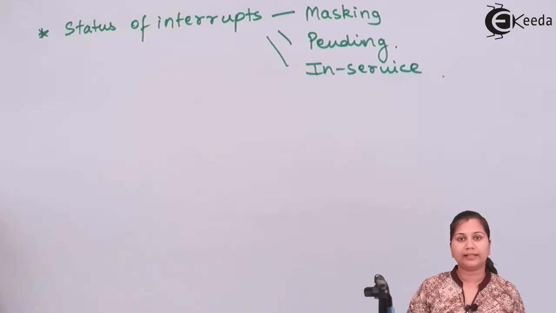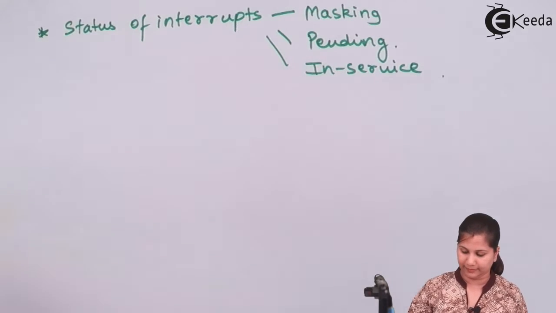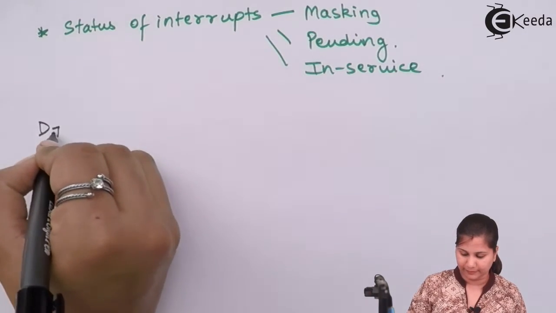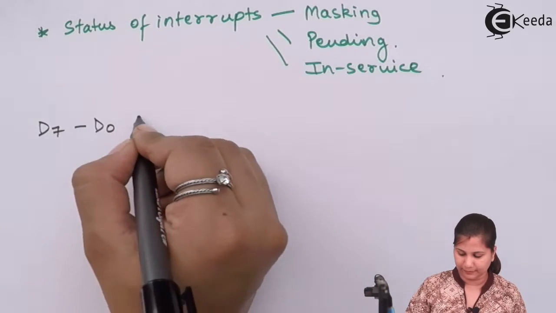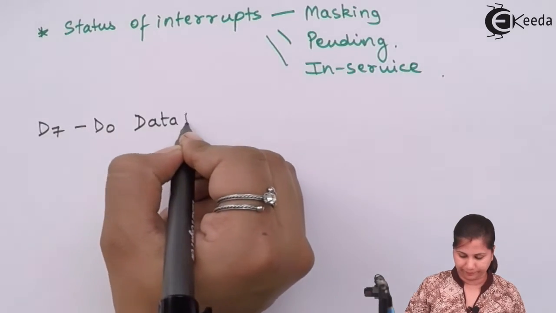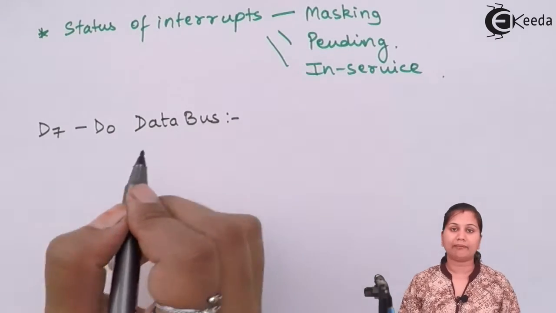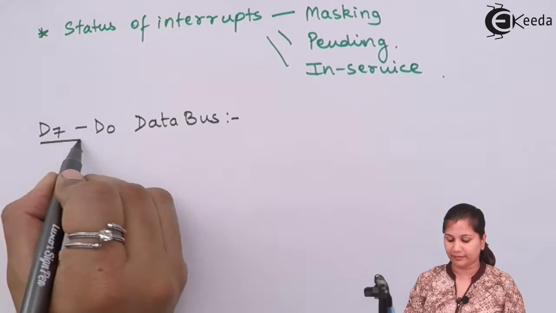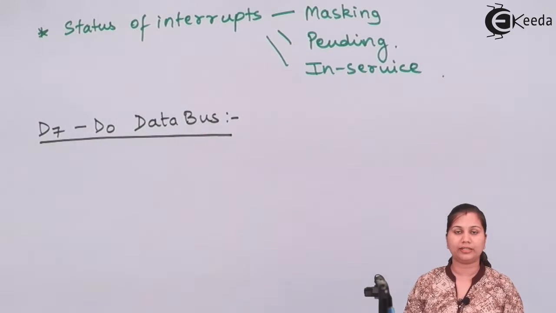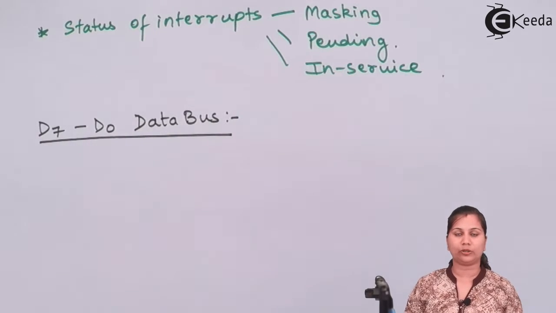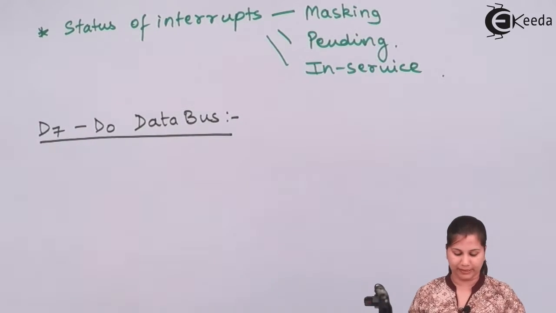Next we have the data bus. In the pin diagram, we have studied that this data bus is the bidirectional data bus, and it is used to transfer the data between the 8259 and the microprocessor.